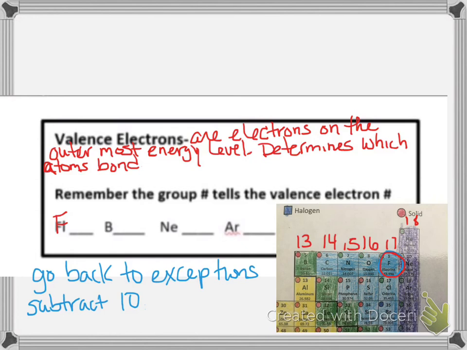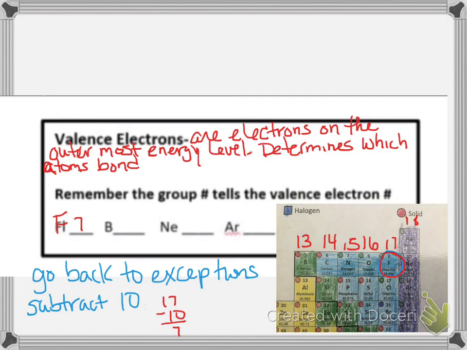So for fluorine, if we subtract 10 from 17, it gives us 7. That's how many valence electrons are on that group or that column. So fluorine, chlorine, bromine, those all have the same number of valence electrons, 7 electrons on the last energy level of that atom.